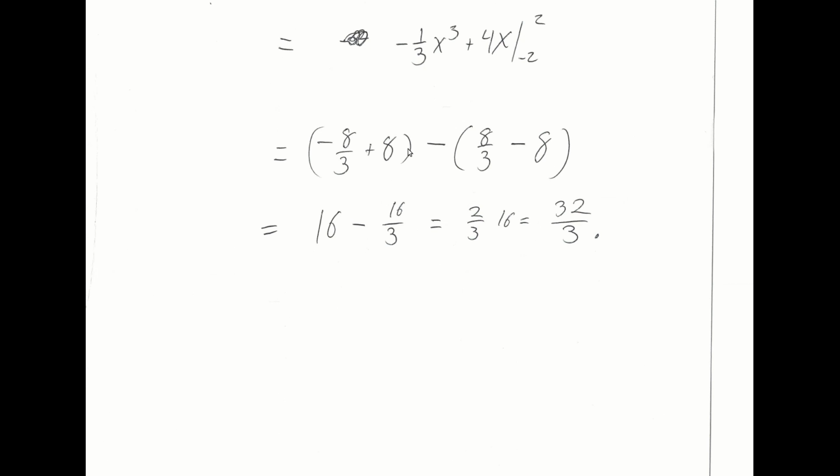And so I'm looking at the opposite of -8, which is 8, plus 8 to give me 16, and I've got a -8/3 and a -8/3 to give me -16 over 3. 16 minus 1/3 of 16 is going to give me 2/3 of 16 remaining, and then 16 times 2 is 32, so I'm looking at 32 over 3 as the area of the Cheshire Cat smile in this problem.